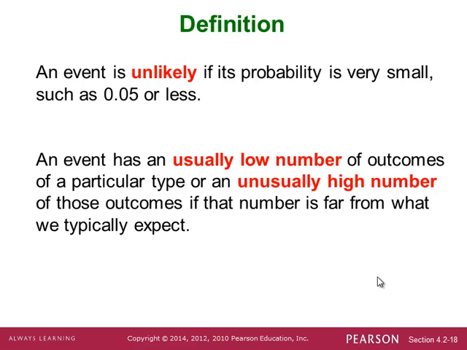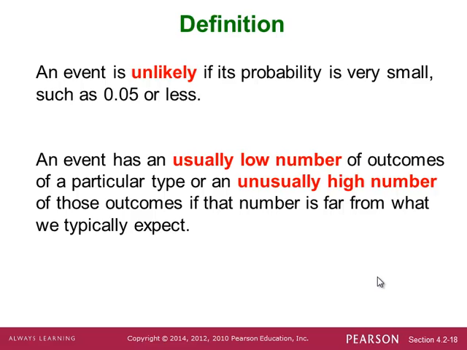We talked in the previous chapter about what it means for an event to be unusual. And we said that if an event is outside of the mean plus or minus 2 standard deviations set of bounds, then that's unlikely.